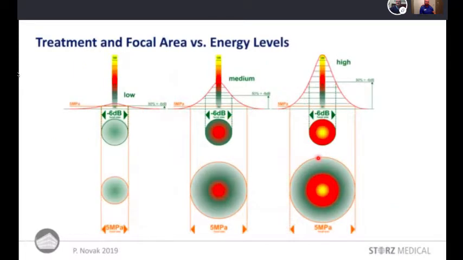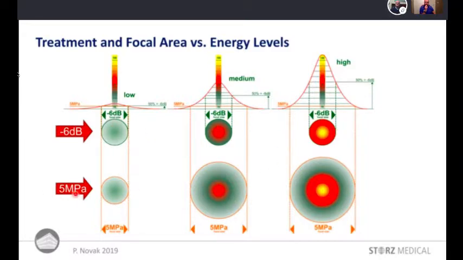Now it's important here: these first lines show the focal area relatively specified as 50% of maximum, which is in other words also known as the -6 dB area. And this area is more or less always the same independently of your energy setting. So whether you have a low setting or high setting, this area is usually very similar.